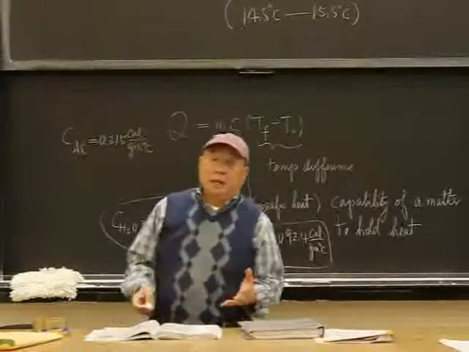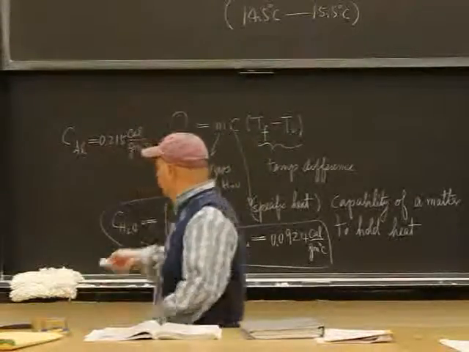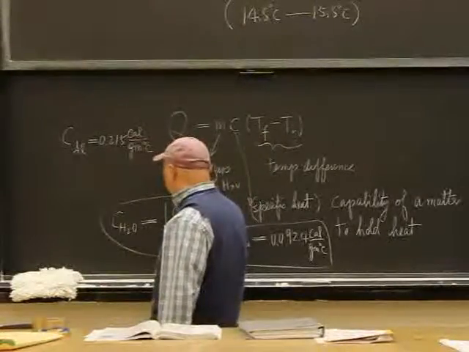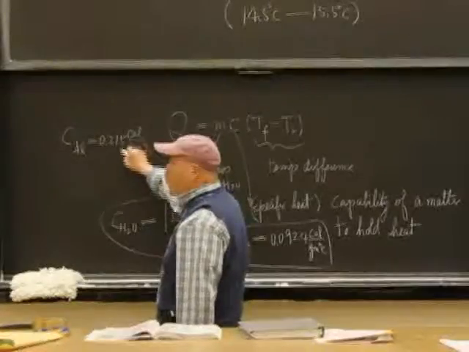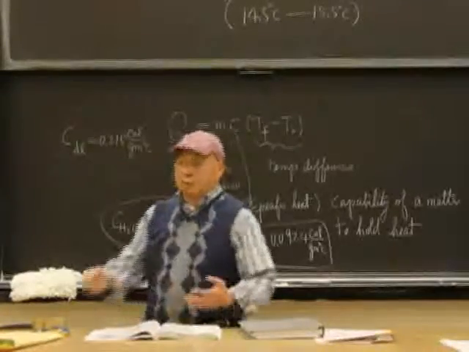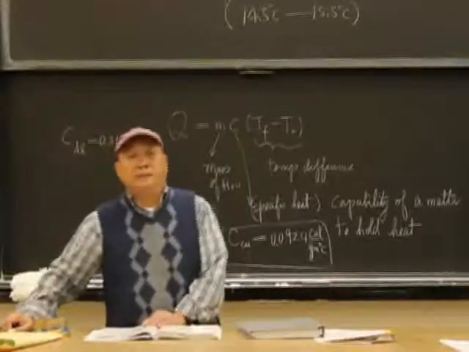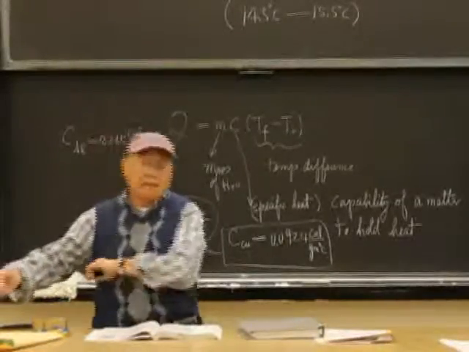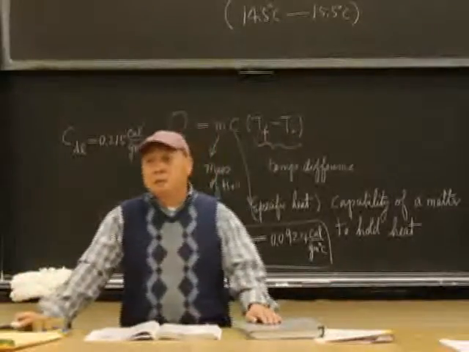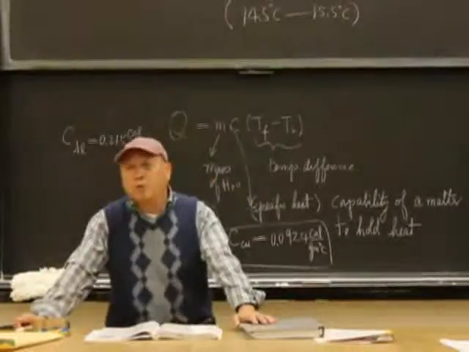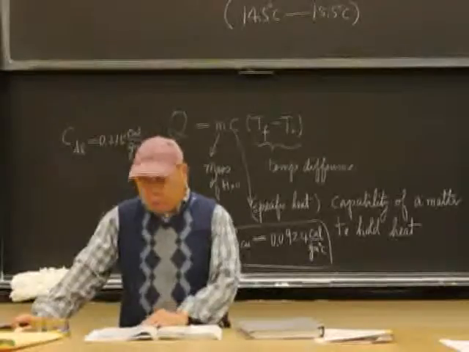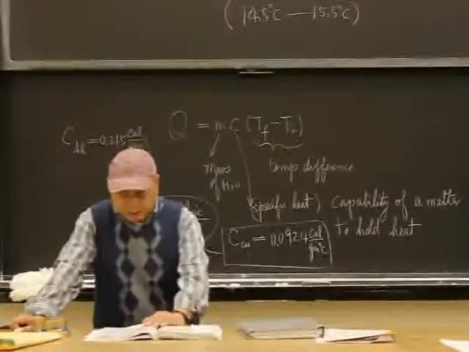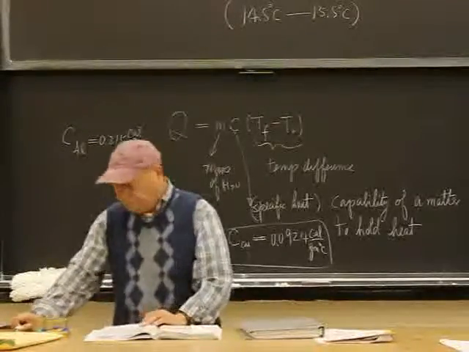Comparatively, water is 1.0 and aluminum is 0.215. So aluminum cannot hold heat either. As soon as you burn it on one side, it transmits to the other side. That's why we use aluminum for cookware, so it can cook.